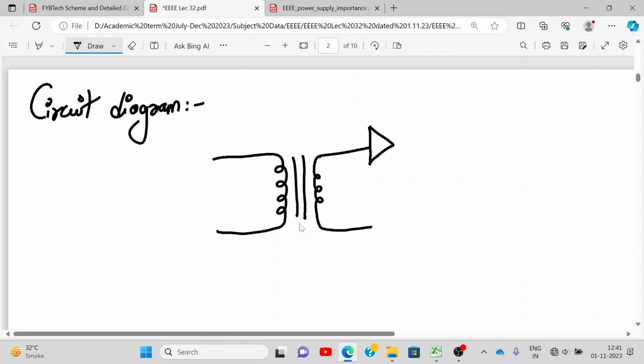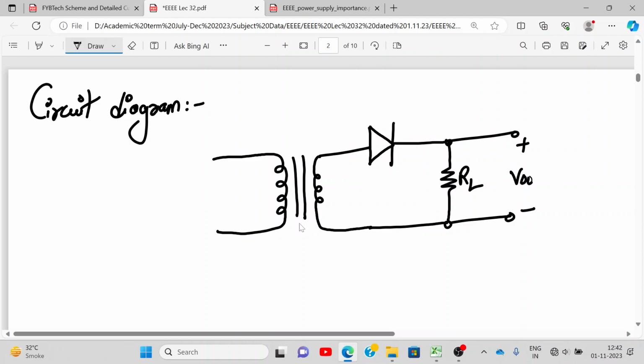Then this is my diode element connected over here, and here is my load. I'm using a resistive load, so I call it RL, and this is my output. Okay, this is AC mains, and how much is AC mains? Single phase, 230 volts, 50 hertz. Now, this is my step down transformer.